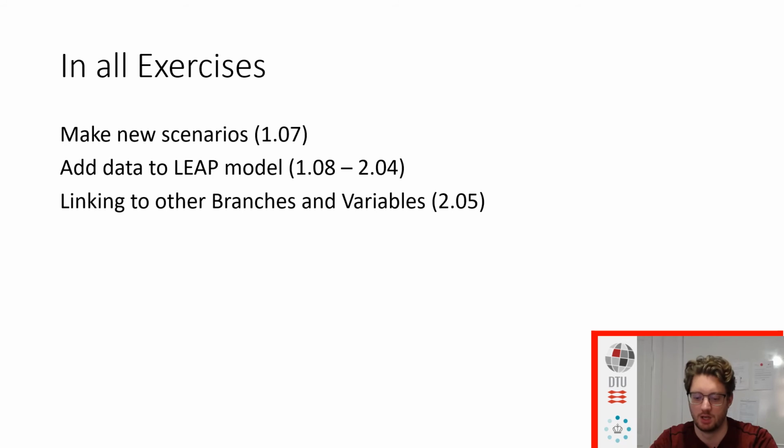That is the energy intensity method that we'll be using for some of them, ranging to the transport stock turnover that we also will be using. Then there will also be quite a lot of linking to other branches and variables. That is covered in video 2.05, how to do that. And that will come quite a lot into play in more or less all of the exercises.